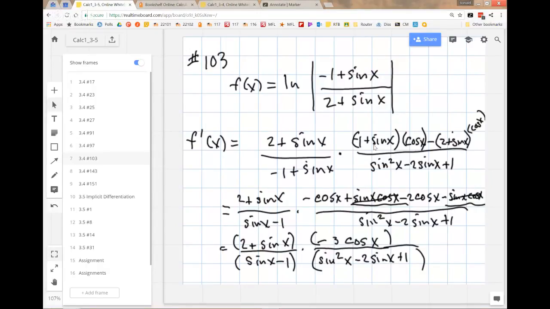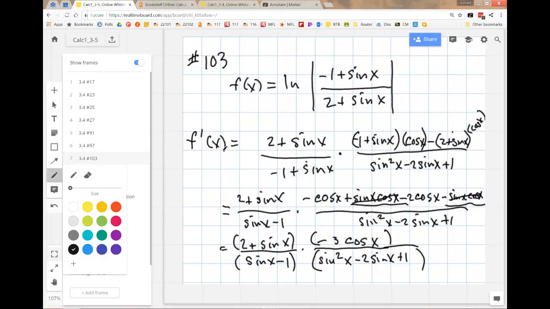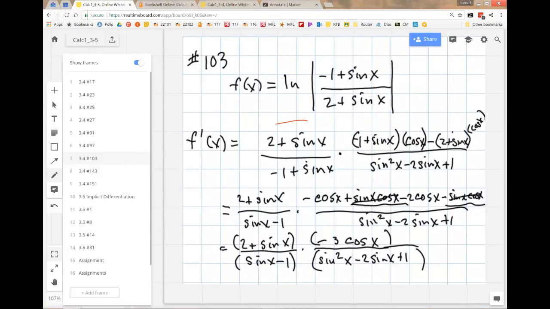All right. So let's see what I did here. How does one take the derivative of a natural log? Answer, you flip it upside down. You know, it's 1 over x. So that means 1 over this fraction here, which means that fraction gets flipped upside down. So right here, that's just that first fraction flipped upside down.